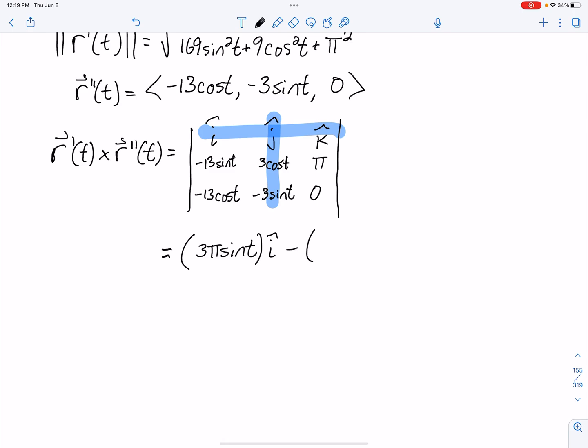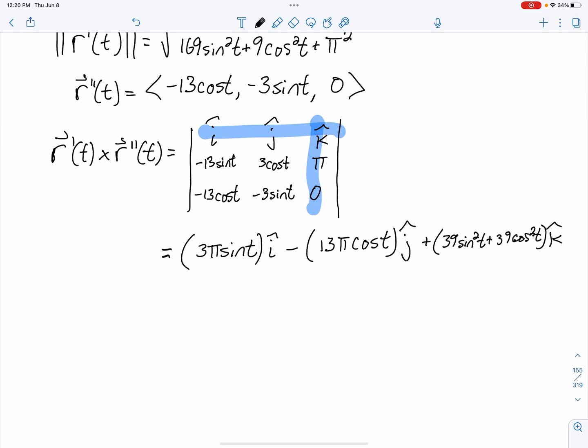I got a minus, and then it's going to be 13 pi cosine t j. Cool. All right, and then one last one. I cover my third column up, and I'm going to get plus 13 times 3 is 39, 39 sine squared t plus 39 cosine squared t k.